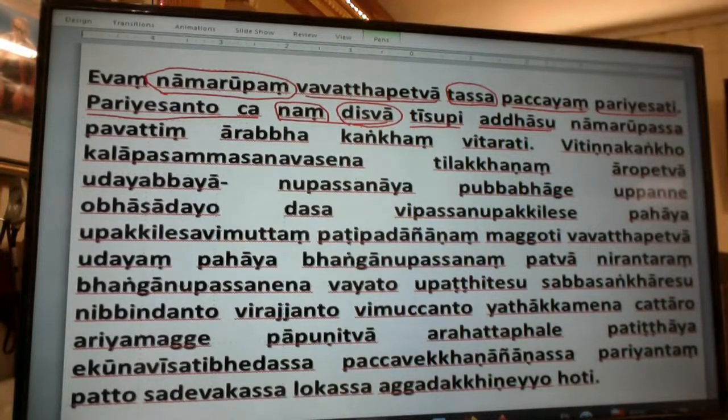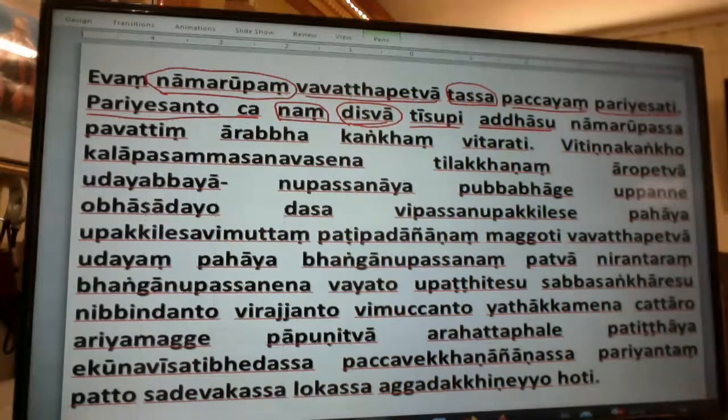If you clearly understand the present time, Namarupa arising with a cause, then the Namarupa in the future and in the past also arise with the same cause. So you automatically understand, isn't it? That is very important.